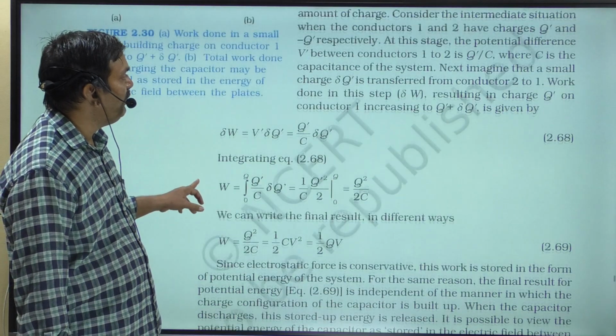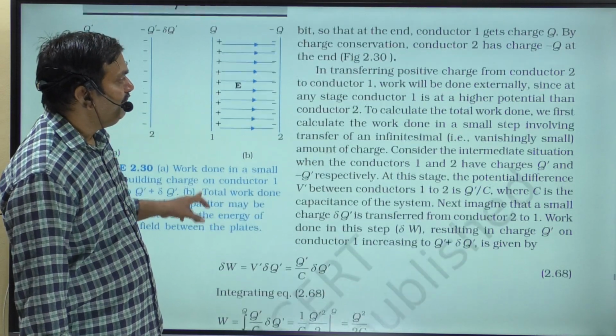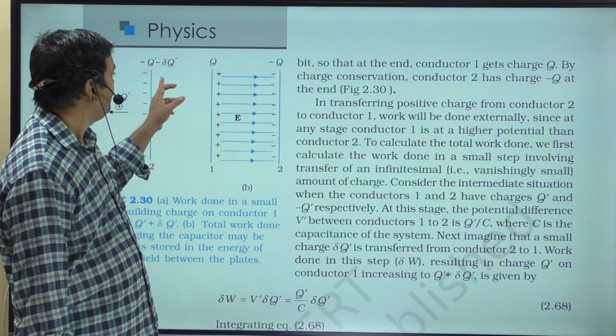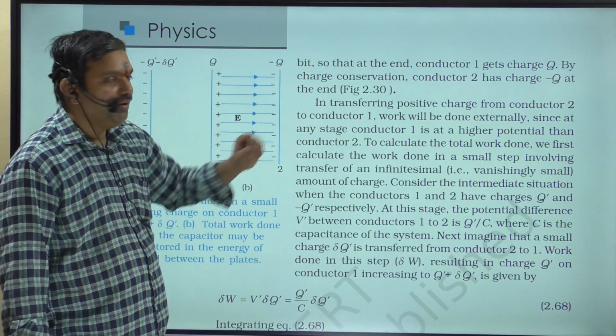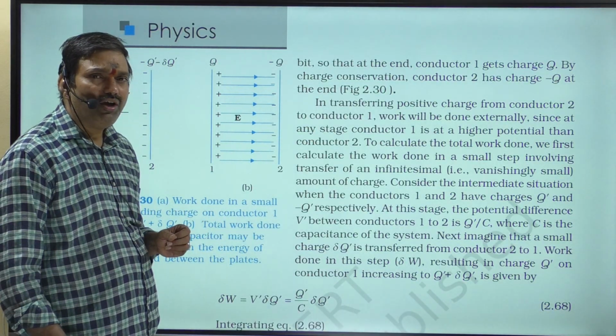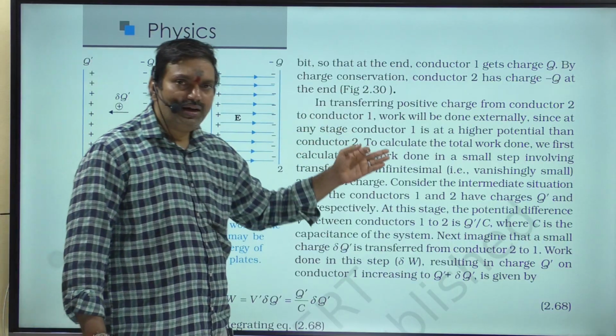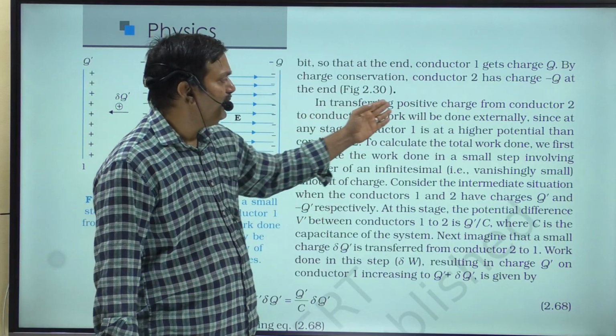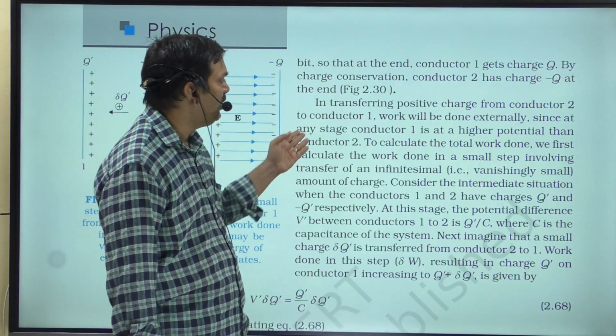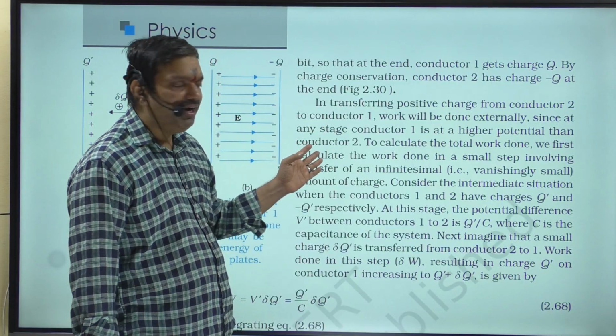Initially you need to understand one thing. Wherever energy is stored, you can get it only by taking the work done. Here, to take a positive charge from one conductor to the other conductor, work will be done externally.